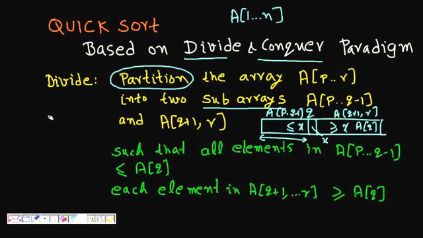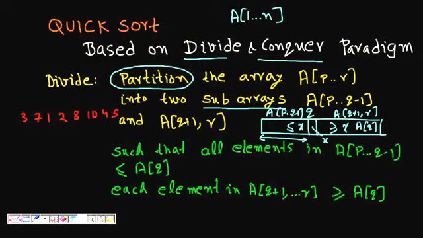For example, let's say we have the numbers 3, 7, 1, 2, 8, 10 and 4, and let's say we have one more, 5. So we have a total of 8 elements. If we want to partition this array in two parts, we take the last element as the pivot element.